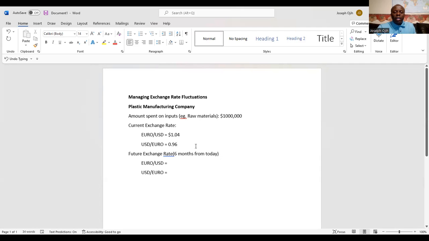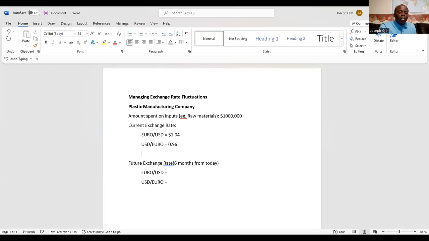So how many euros can you get? Because you have to change your currency to euros to be able to pay for the raw materials.